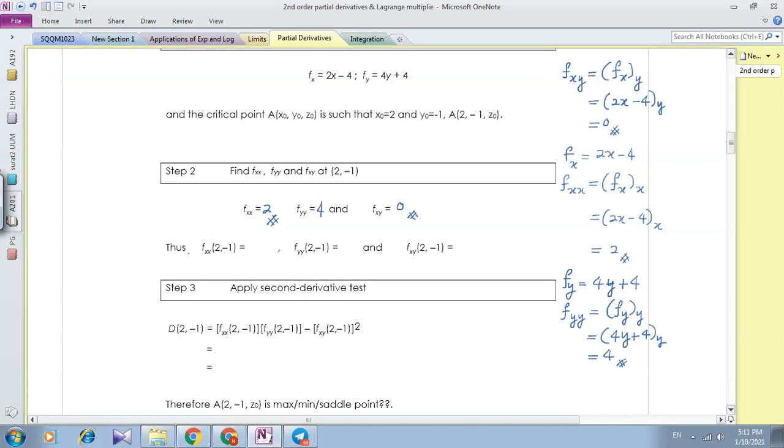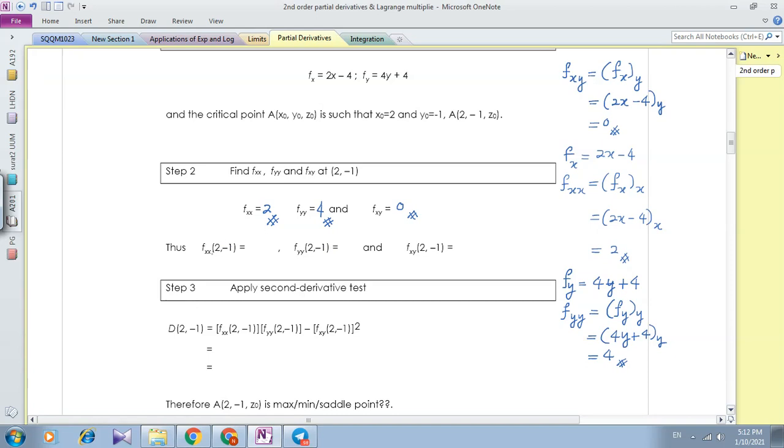Thus, as you can see, the second order partial derivatives are all constant. So regardless of the point (2, -1), they will remain the same.